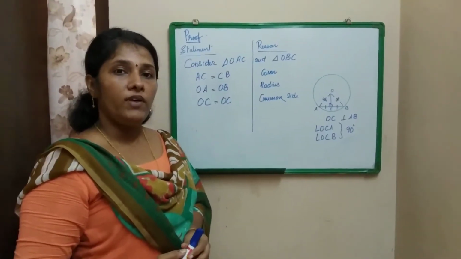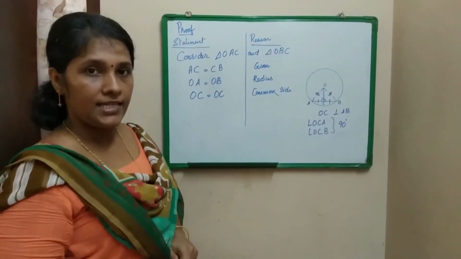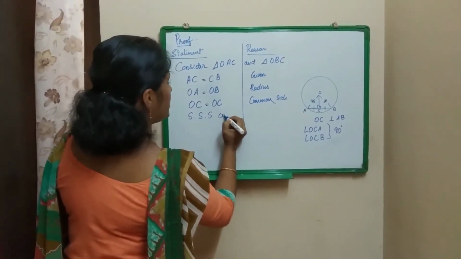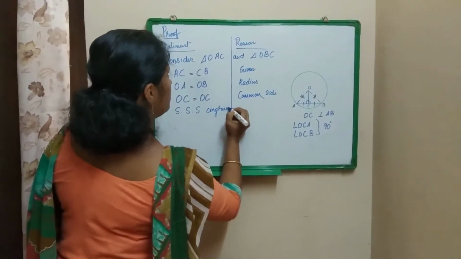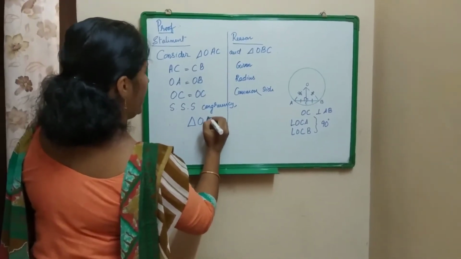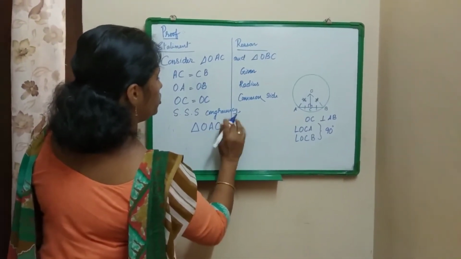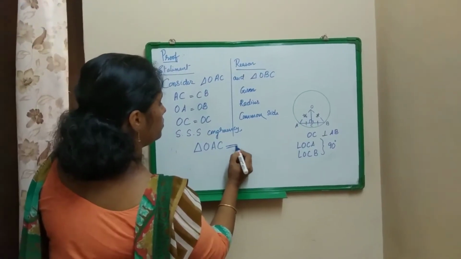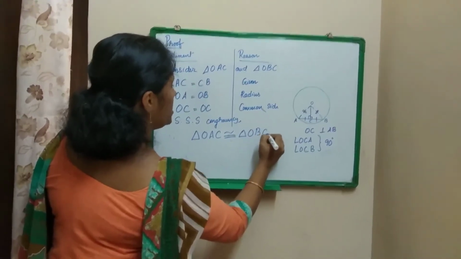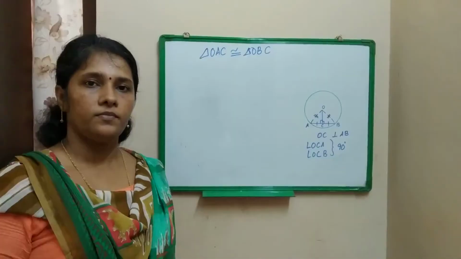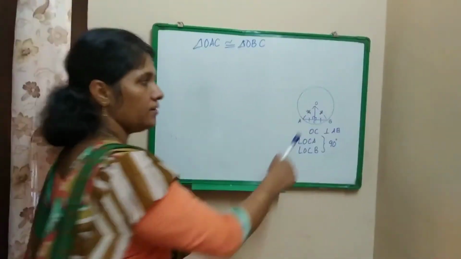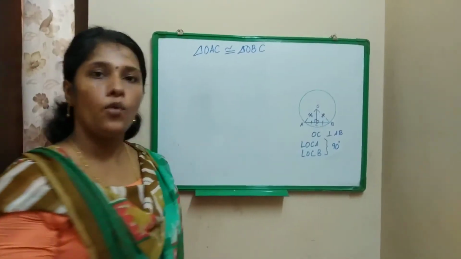So, we will use the SSS or side-side-side congruency rule to say triangle OAC is congruent to triangle OBC. We just proved triangle OAC congruent to triangle OBC. OAC and OBC are congruent.